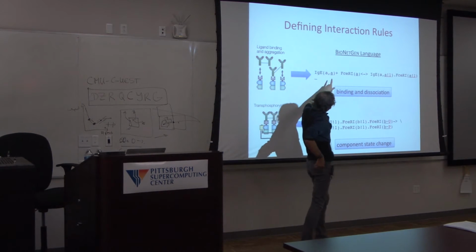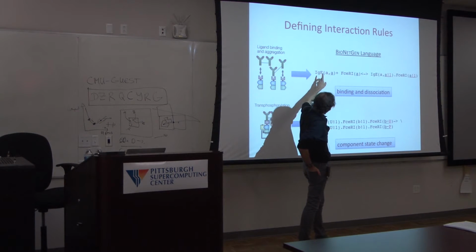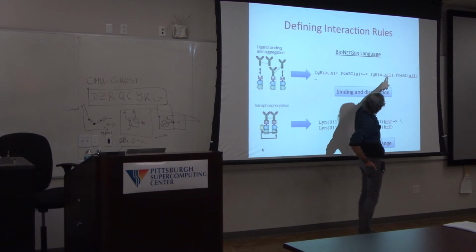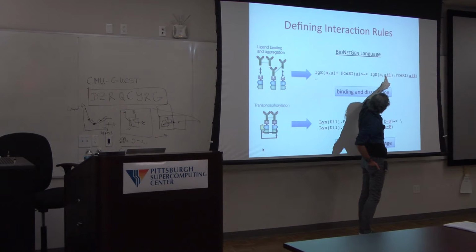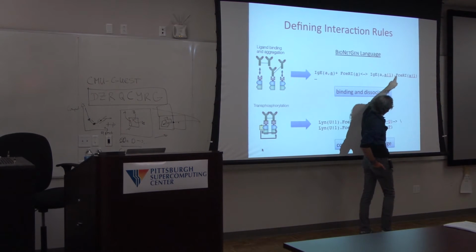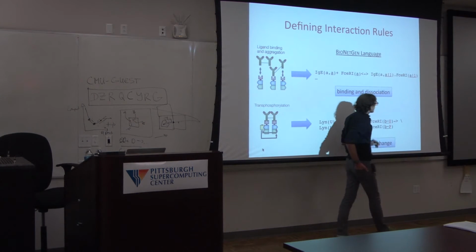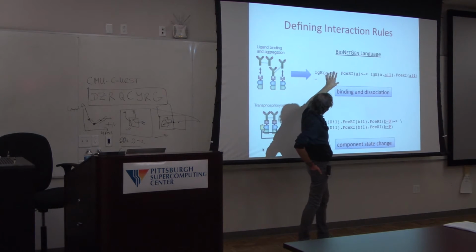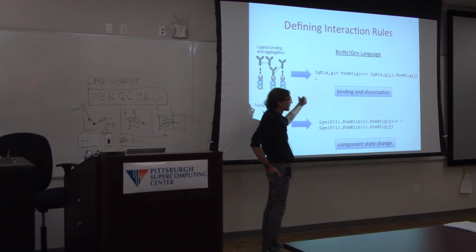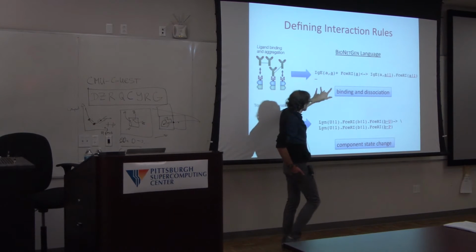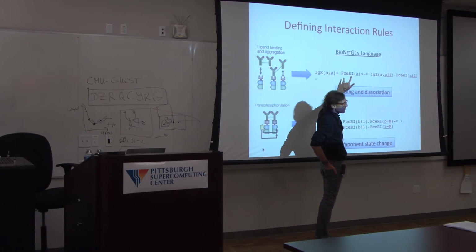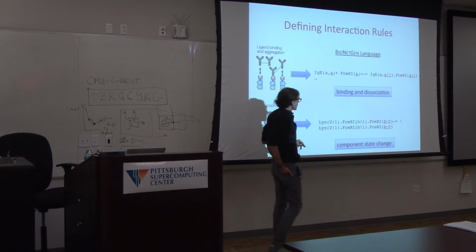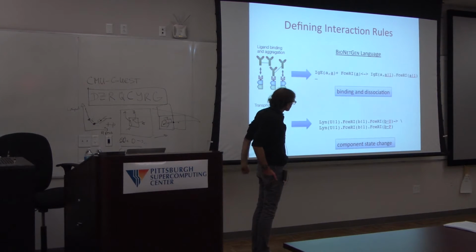But from the point of view of specification, it's completely equivalent to put the bond on this A or this A. I just put it on this one because it's closer and makes the bond easier to see. The order of components in the patterns does not matter at all for the purposes of how they behave in the system. The order of the reactants can matter under certain circumstances, but it generally does not.